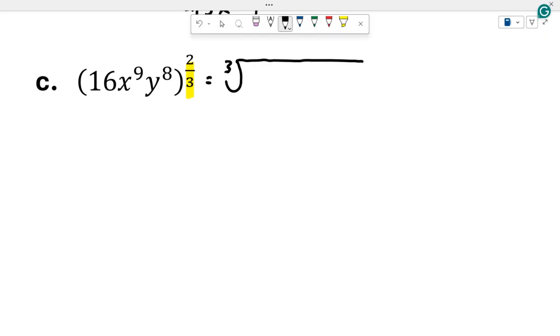So 16 squared is 256. I'm just distributing the 2 to the 16. X to the 9th, I have a power to a power, so this is x to the 18th. And then I have y to the 8th, again a power to a power, so this is y to the 16th.